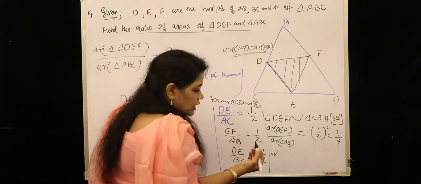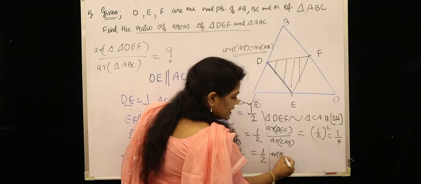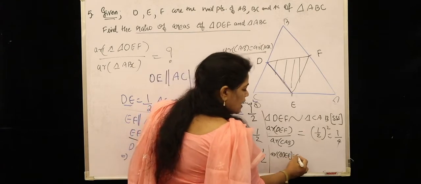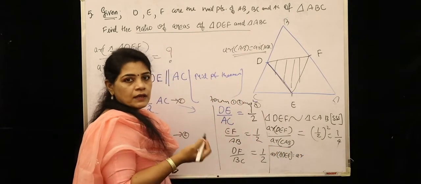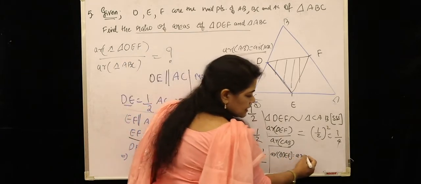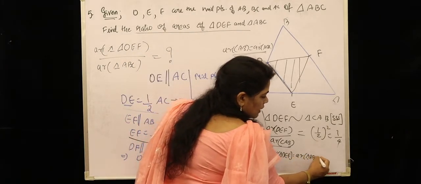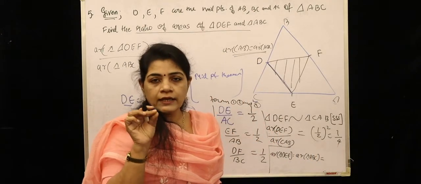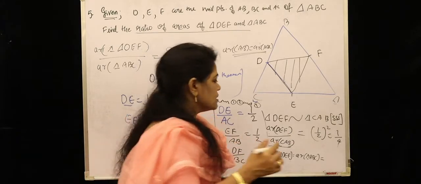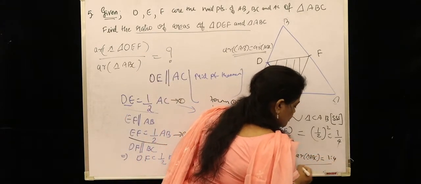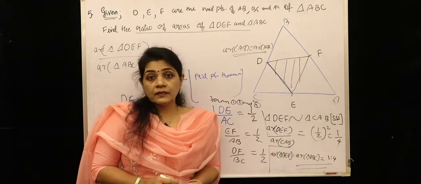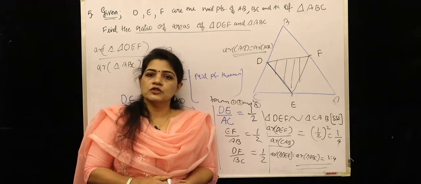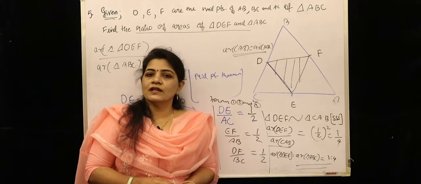We write in ratio form: area of triangle DEF is to area of triangle ABC, since both areas are the same whether CBA or ABC. Equal to 1 by 4 is 1:4. X is to y is x by y. That is the result. So the area of triangle DEF is to the area of triangle ABC is equal to 1:4.